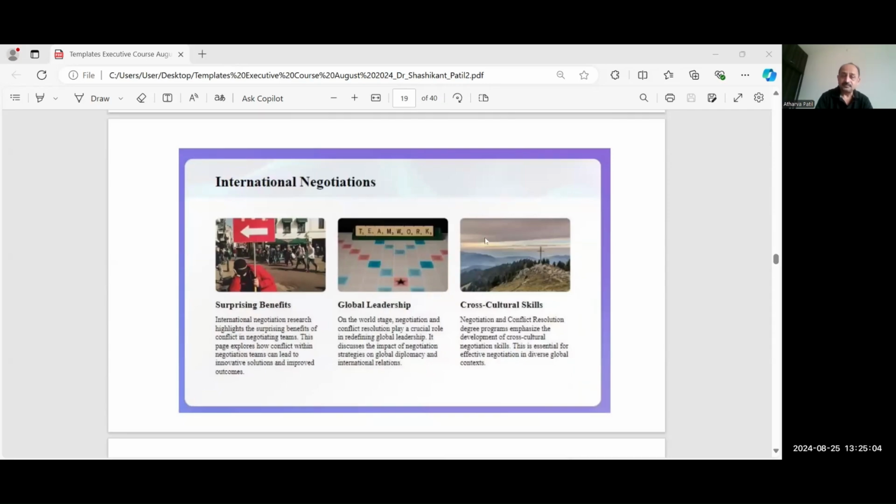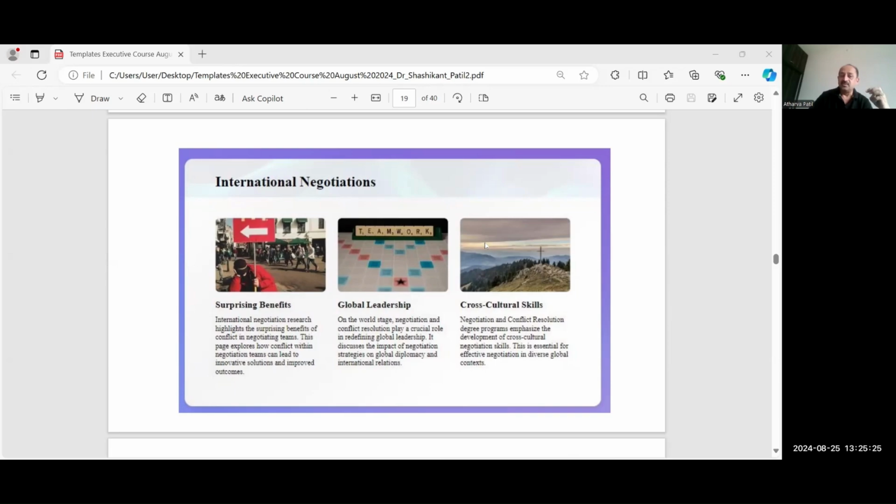If you want to work on international negotiations, this will give you surprising benefits. International negotiation research highlights the surprising benefits of conflicting negotiating teams, and explores how conflict within a negotiation team can lead to innovative solutions and improved outcomes.